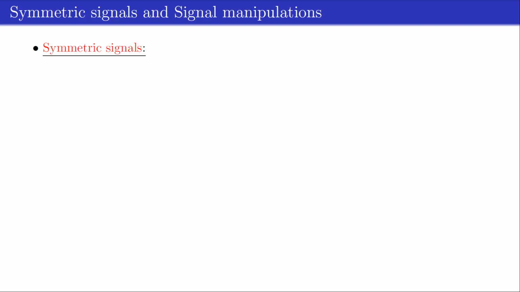A discrete time signal will often possess some form of symmetry that may be exploited in solving problems. Two symmetries of interest are as follows. A real valued signal is said to be even if, for all indices n, x[n] is equal to x[minus n], whereas a signal is said to be odd if, for all indices n, x[n] is equal to minus x[minus n].